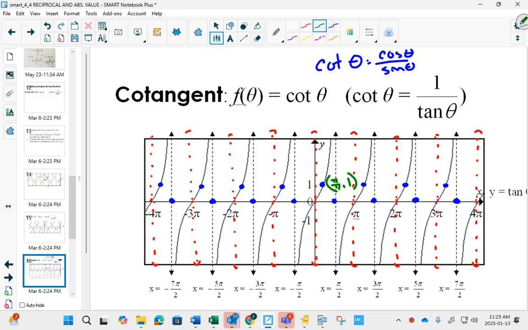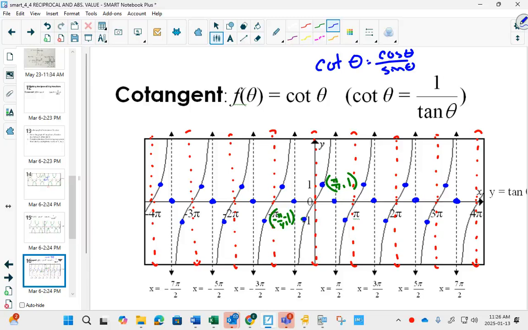Can you see that that would also be true wherever your graph is negative 1? If it's negative 1, 1 over negative 1 would stay the same. So I've got a bunch of nice points.